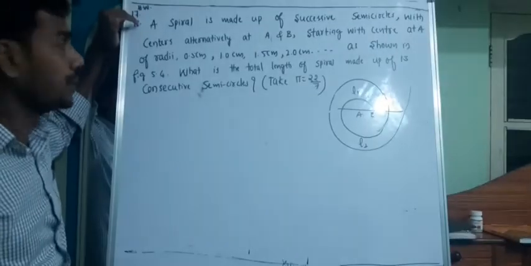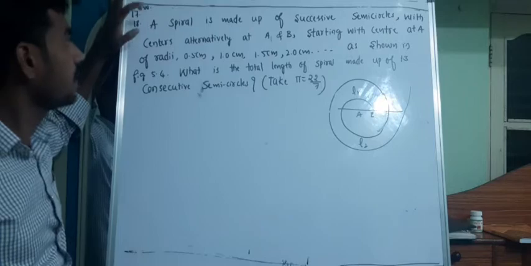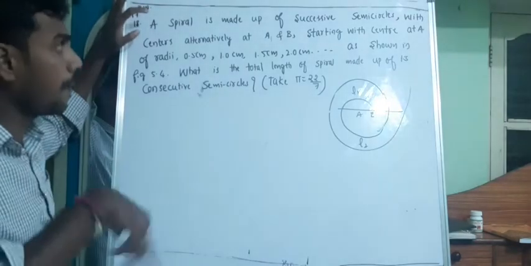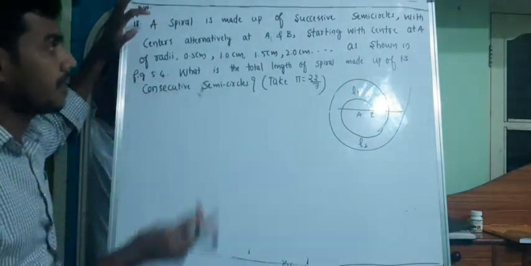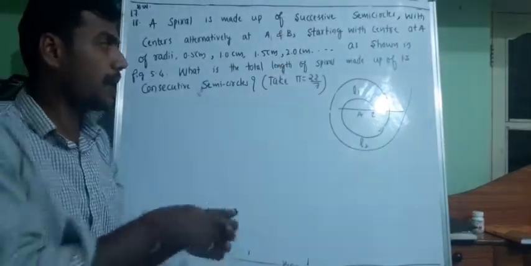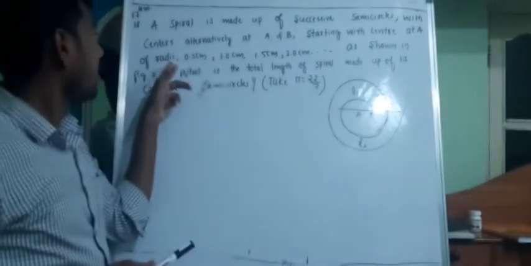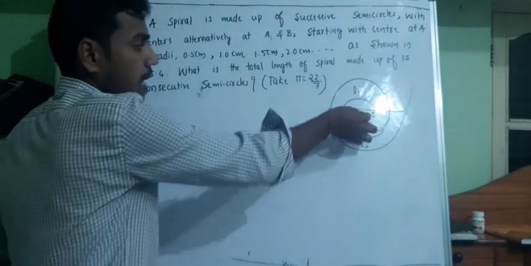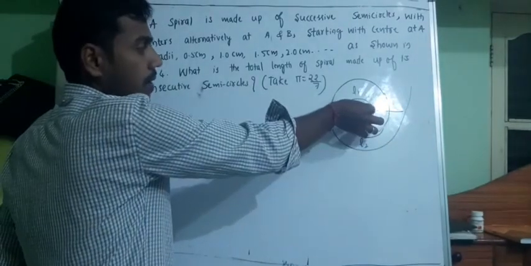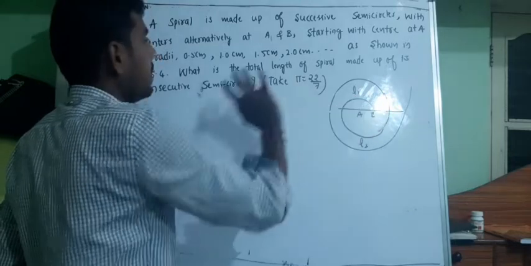Now 18th question. A spiral is made up of successive semicircles, with centers alternately at A and B. So the spiral will be like this. Already you know what a spiral is. Starting with center at A, of radii 0.5 centimeter. So here the semicircle will be 0.5 centimeter.